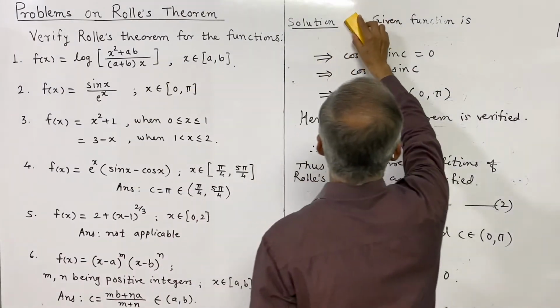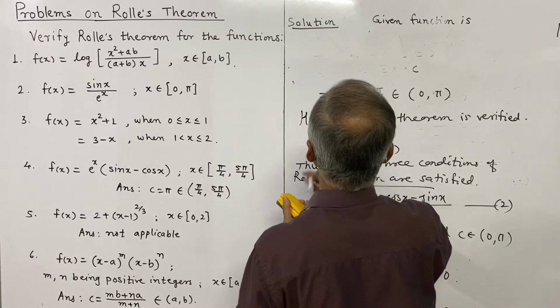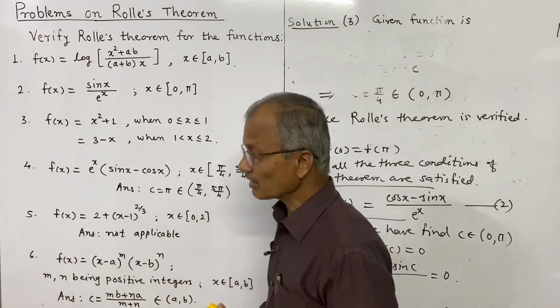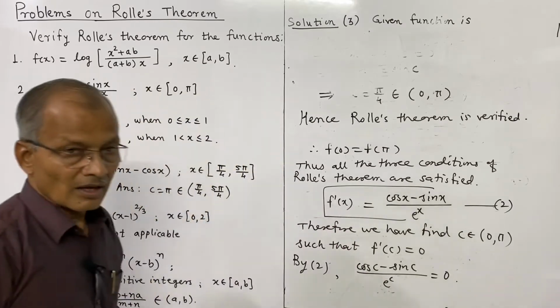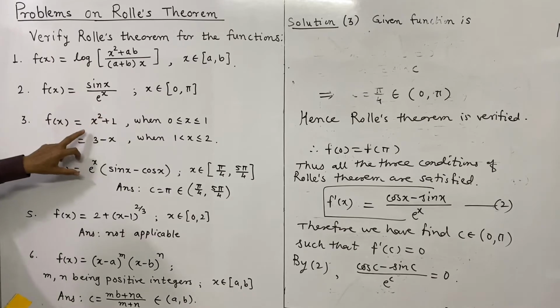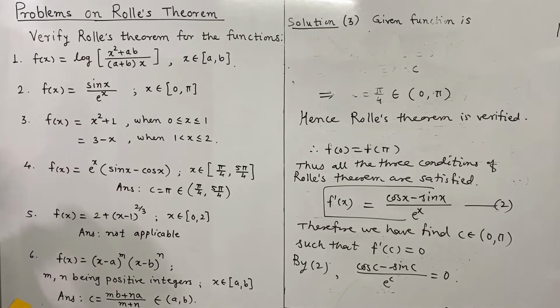The third problem is slightly different. You see what is the difference between the first, second and third problems. Here the function f of x is defined by a single definition, but here the function has two definitions. It has two parts.